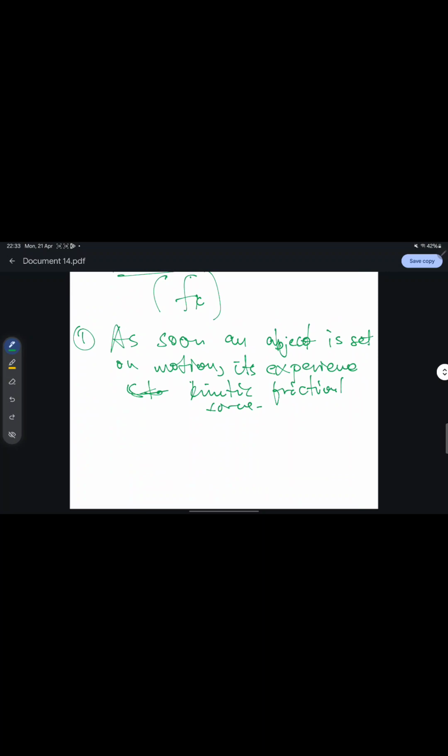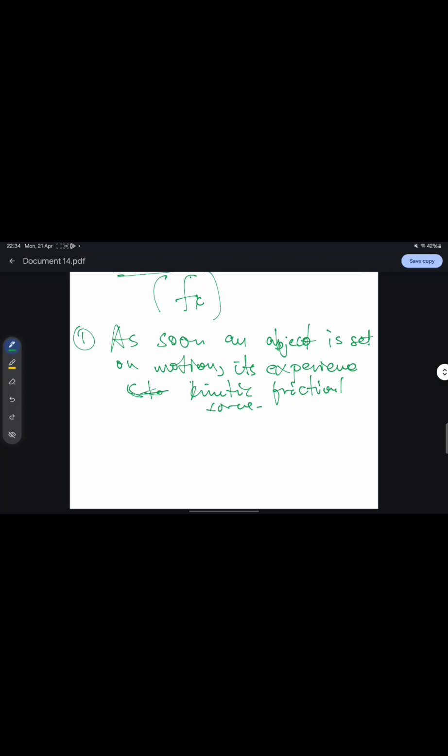That is the reason the kinetic frictional force is smaller than the static maximum frictional force. All right, a smaller applied force is required to keep the object moving.